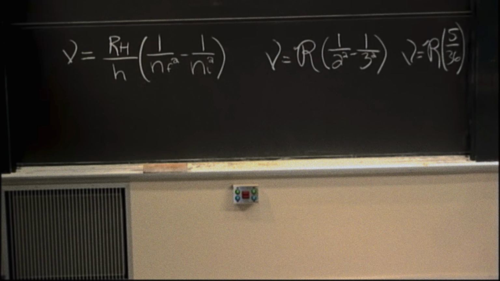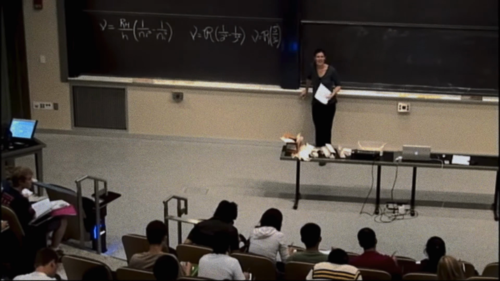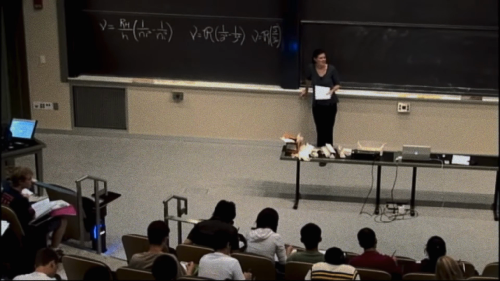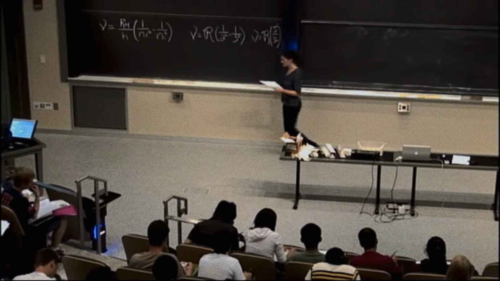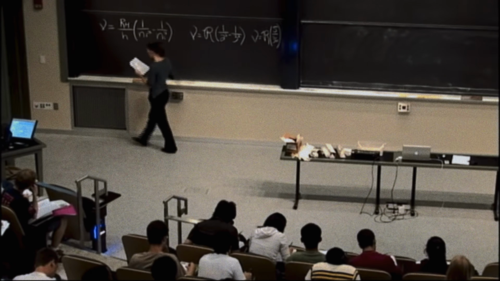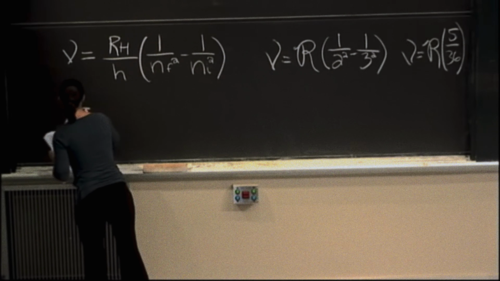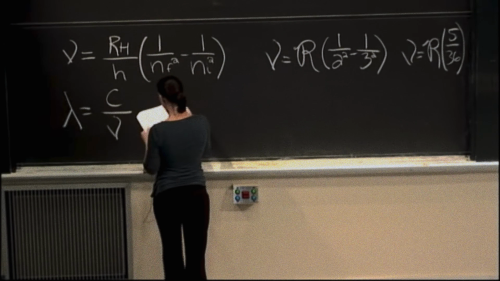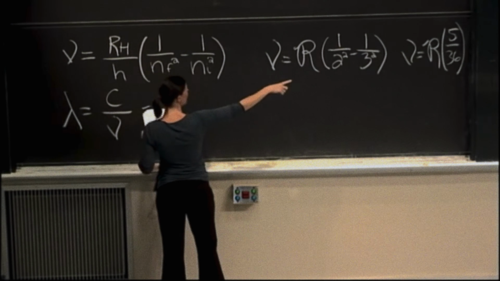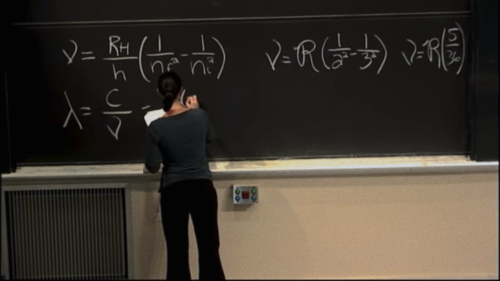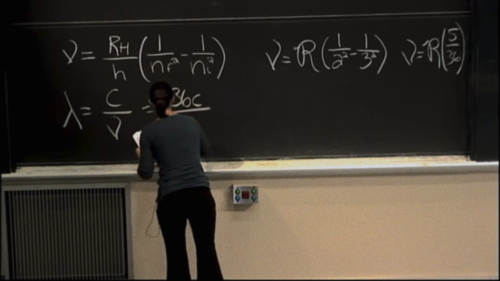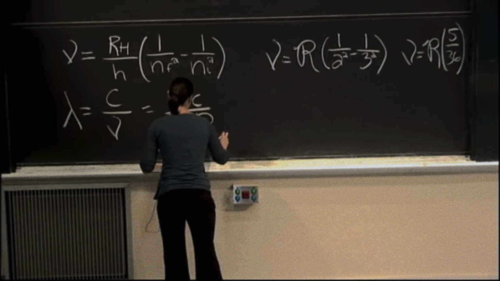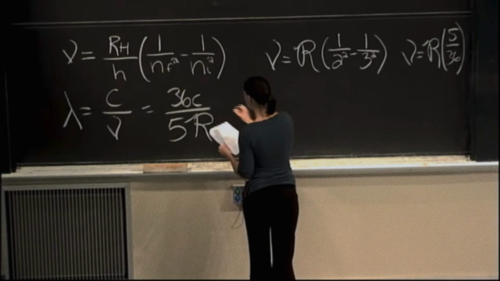But when we were actually looking at our different wavelengths, what we associate mostly with color is the wavelength of the light and not the frequency of the light. So let's look at wavelength instead. We know that wavelength is equal to c over nu. We can plug in what we have for nu. So we have 36c divided by 5, and that cursive looking Rydberg constant.